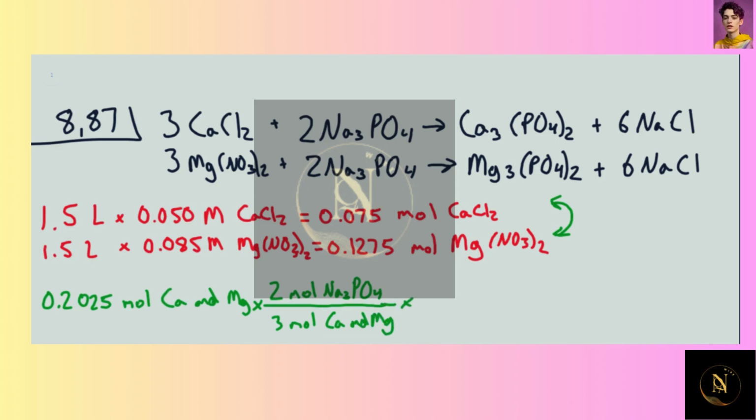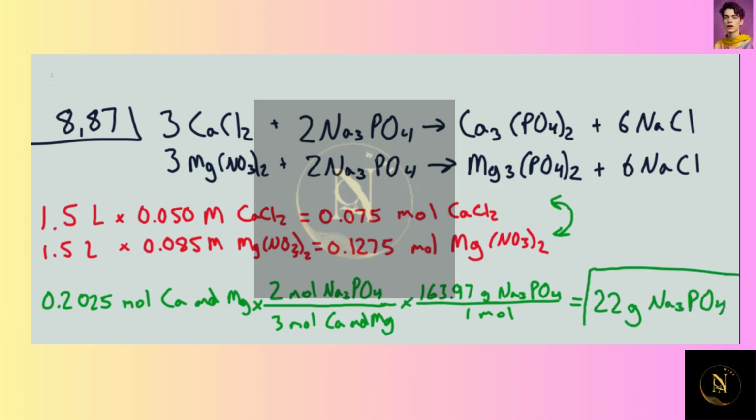So that will give us moles of sodium phosphate, and then we can multiply by the molar mass of sodium phosphate, which is 163.97 grams of sodium phosphate over 1 mole. And then our final answer here is 22 grams of sodium phosphate. That is how much is needed to remove all of these hard water ions.